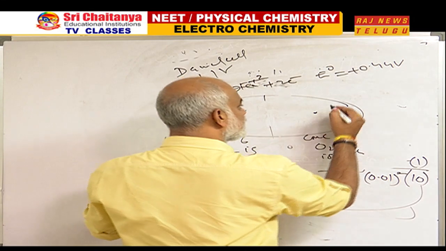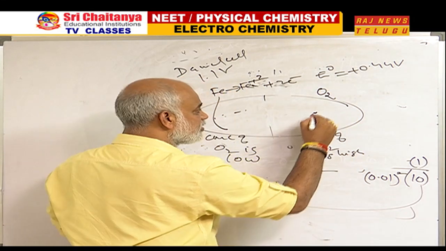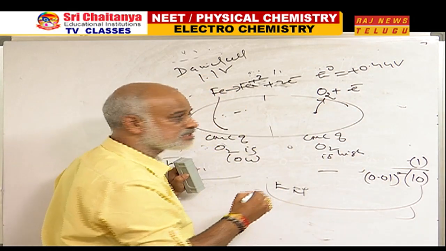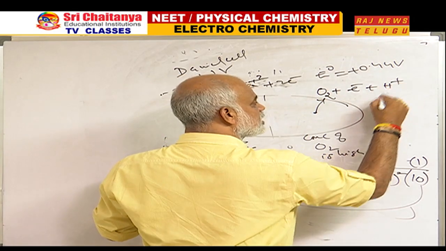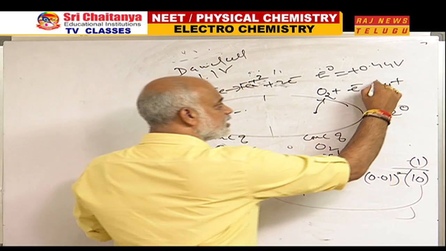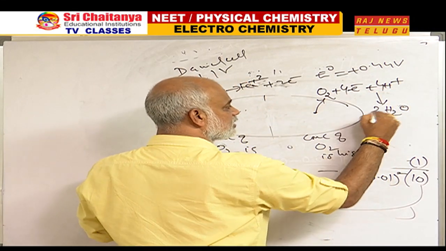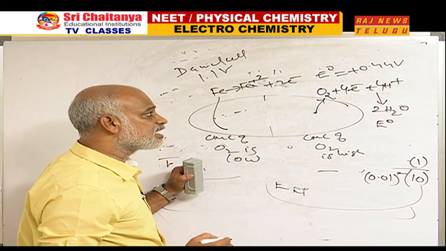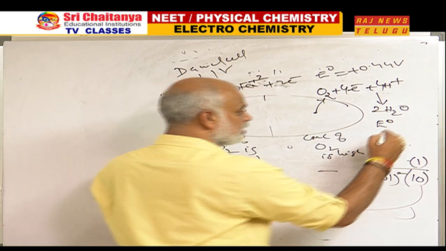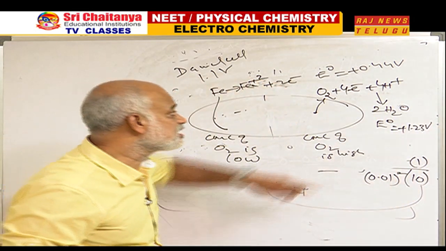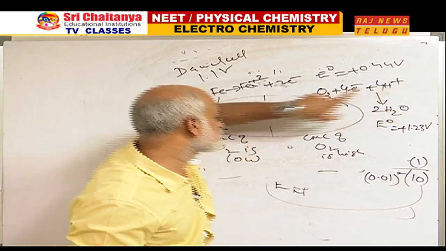There, oxygen takes up these electrons in the presence of H plus ions to give H2O. Balancing is important: O2 plus 4H plus plus 4 electrons gives water, E naught equal to plus 1.23, a reduction potential. The question is, sir, where did we get H plus from?